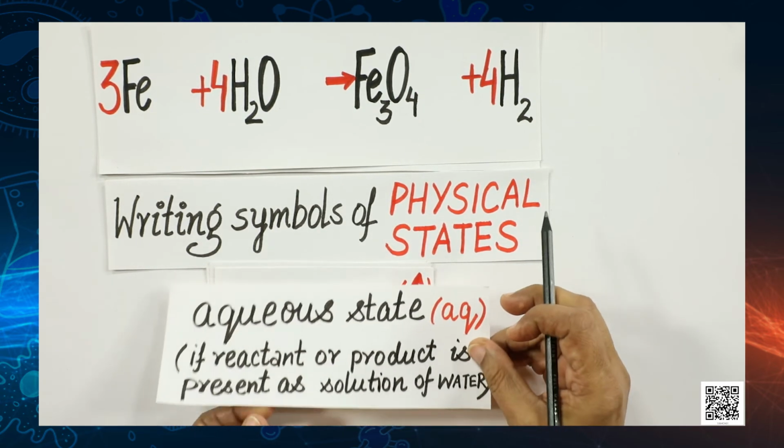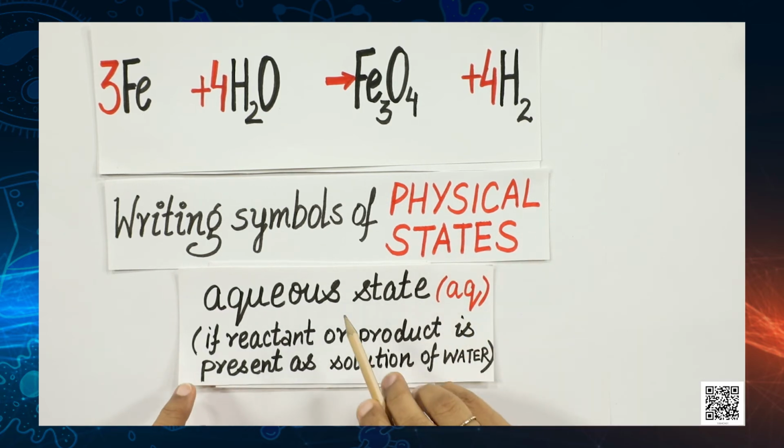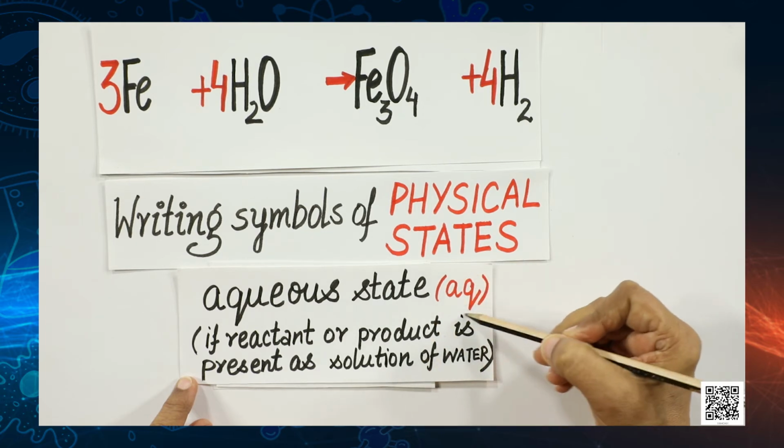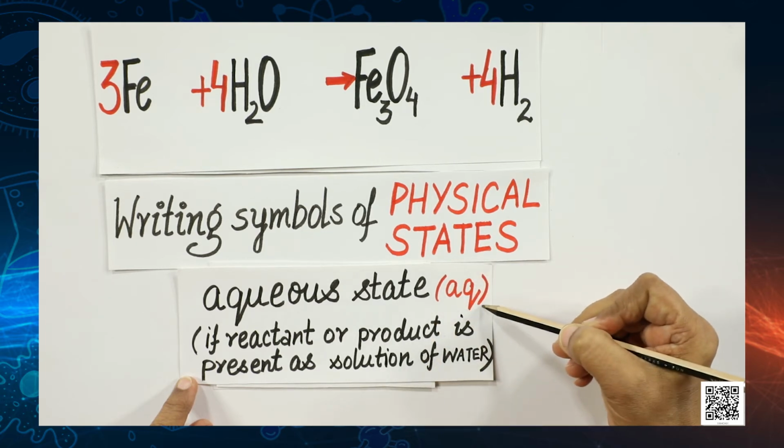And well, what if the solution is made in water? We have to write within bracket in small letters aq, representing aqueous state. And yes, one more thing, if you get a precipitate, then you can show it by an arrow pointing downwards. So, that will make your equation very informative.